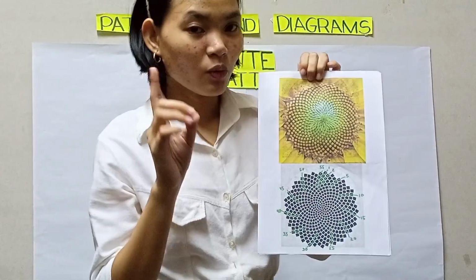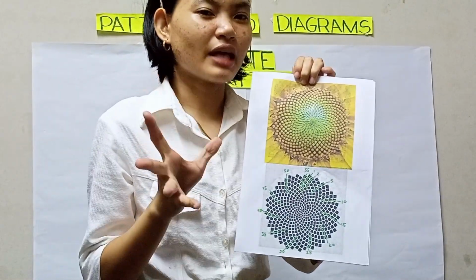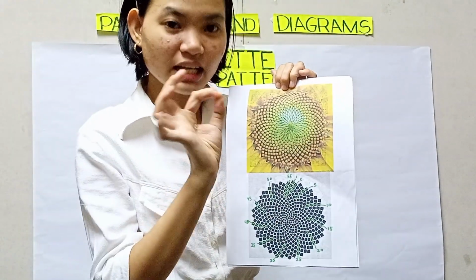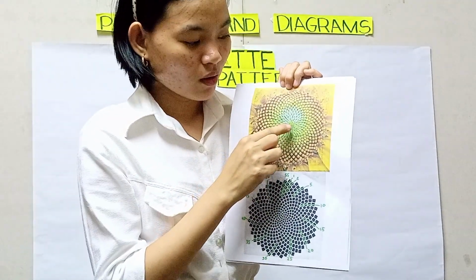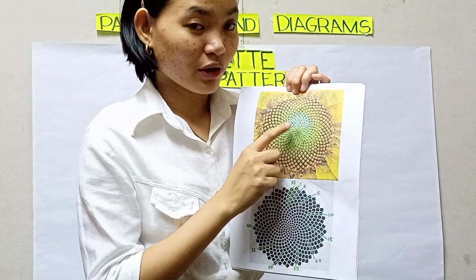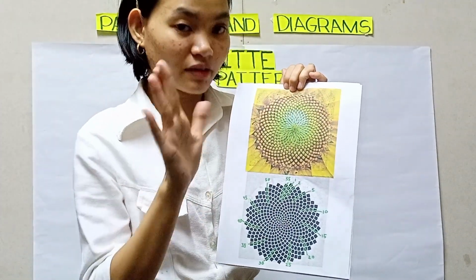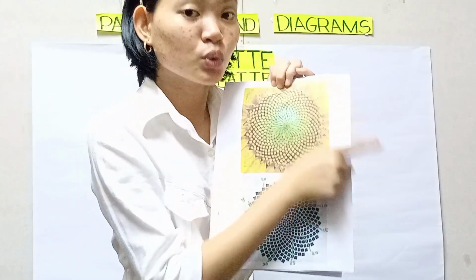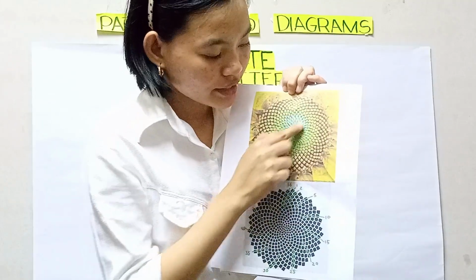Why is it an example of Rosette pattern? Because it has a distinct center point, where all of its circular or spiral patterns start. From here, it radiates outwards, outwards, outwards.